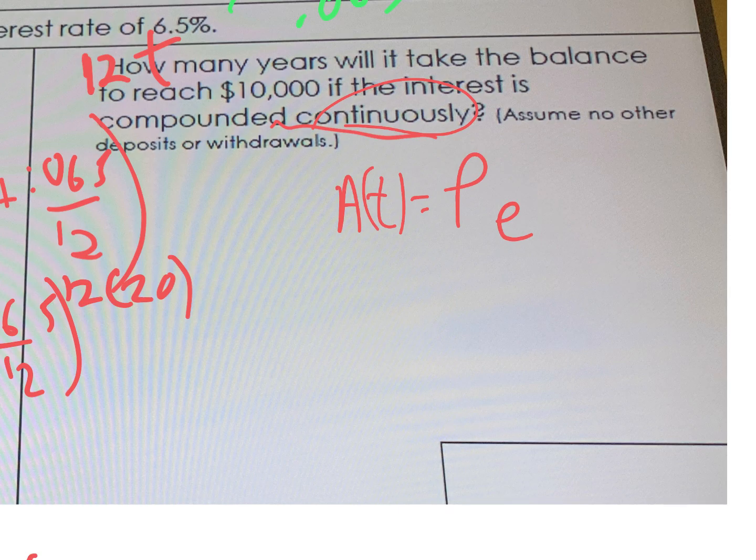What was my R again? Let's plug everything in. What is the amount of money in the future? How much money do I want in the future? 10,000. How much am I starting out with?